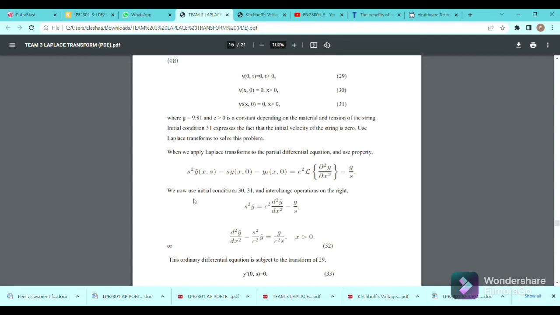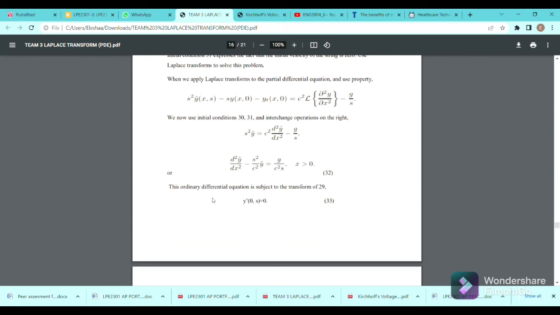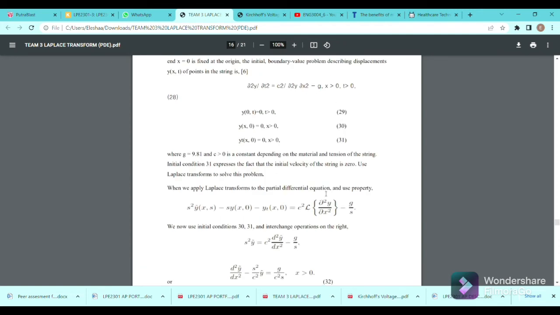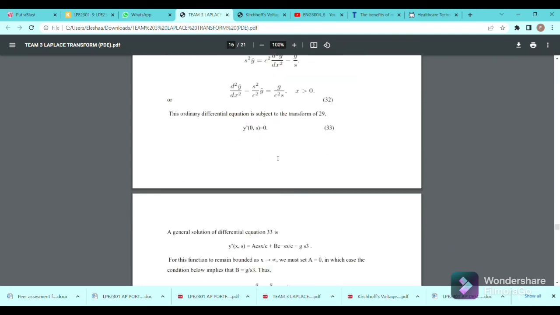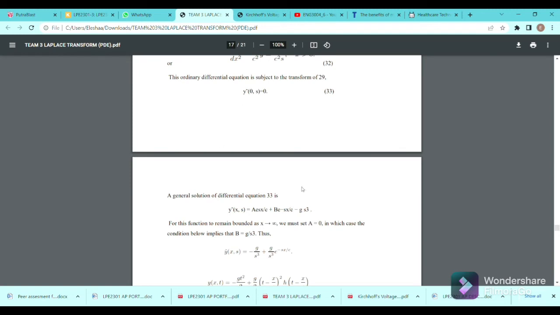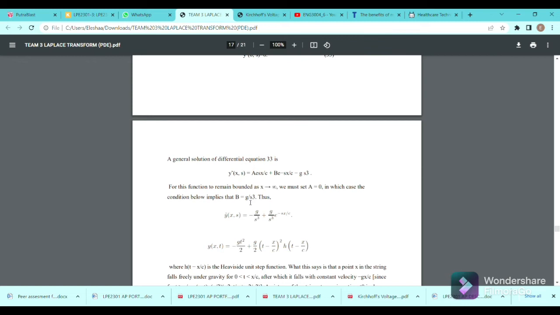We now use the initial conditions of 30 and 31 and interchange the operation on the right. You will get this equation if you use the initial conditions of 30 and 31. The ordinary differential equation is subject to the transform of 29. So this becomes this one right here. A general solution of differential equation 33 is this. This is the general solution.